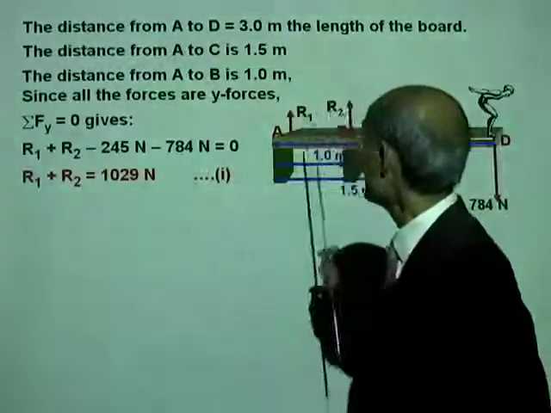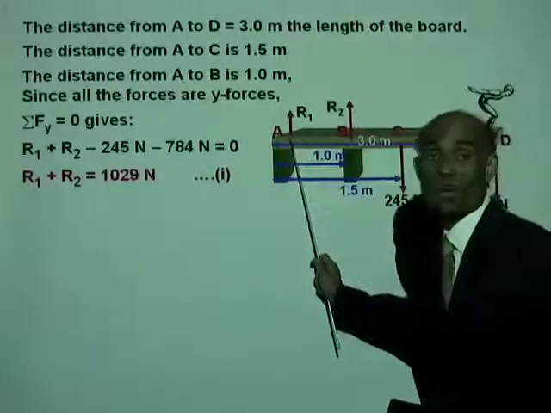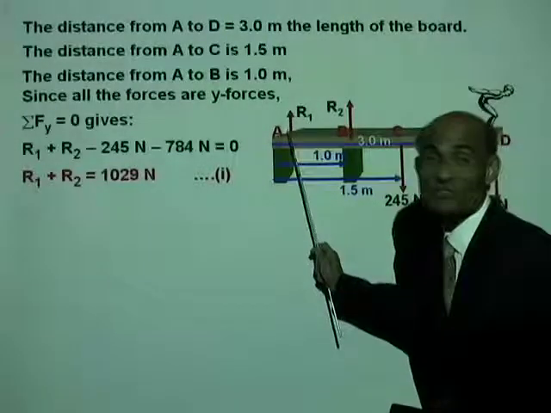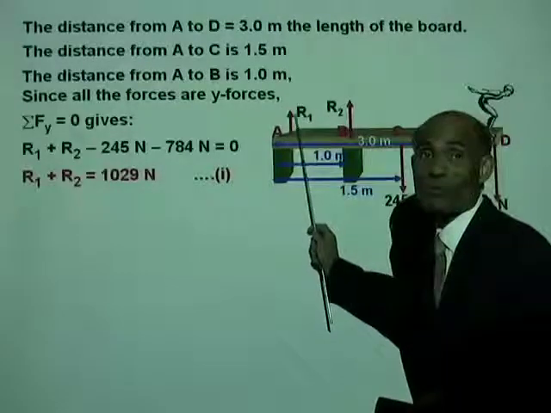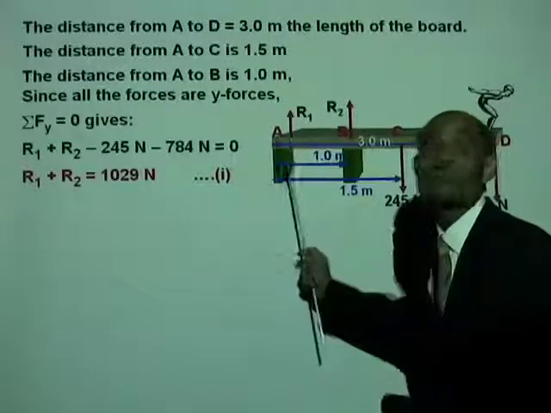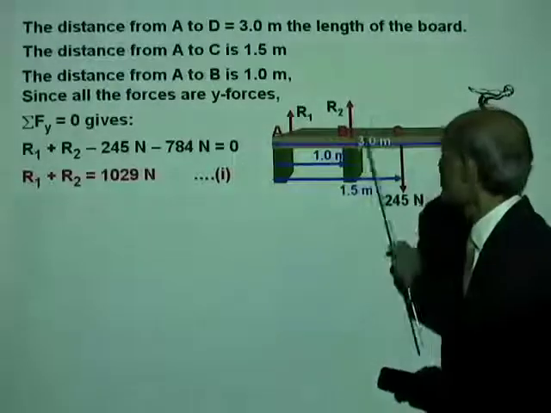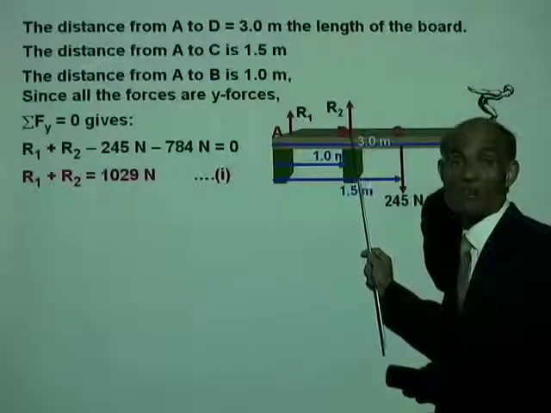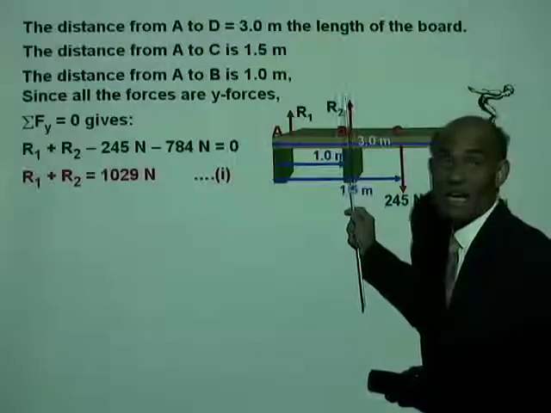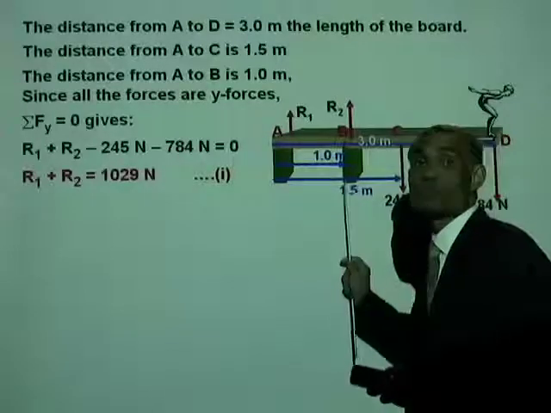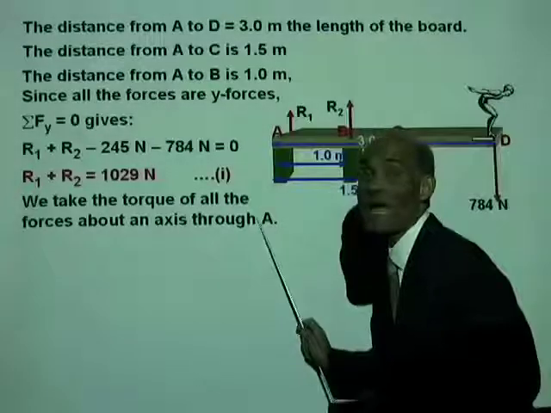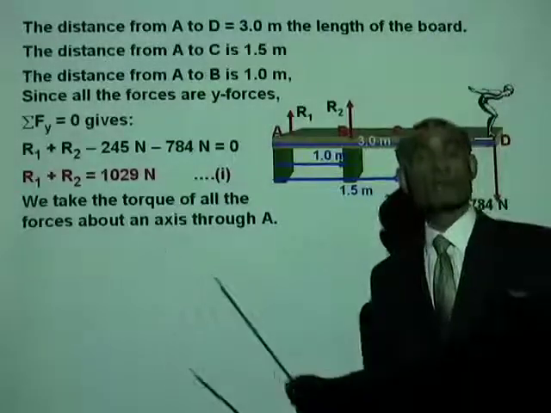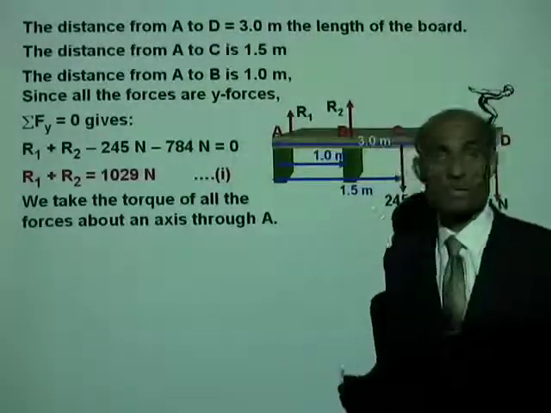Now here, A is a good point because R1 passes through A. That means the torque of R1 about A will be 0. B is also a convenient point because an unknown force R2 passes through B. Now we will choose A. I have chosen A, but you can do it by choosing B.